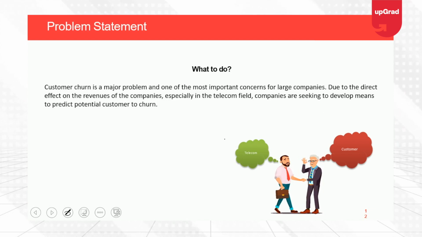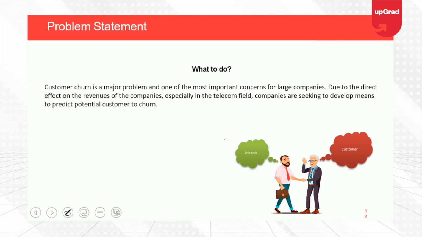Now the telecommunication sector has become one of the main industries in developed countries. The technical progress and the increasing number of operators has raised the level of competition. Companies are working hard to survive in this competitive market depending on multiple strategies. Customer churn is a major problem and one of the most important concerns for large companies.